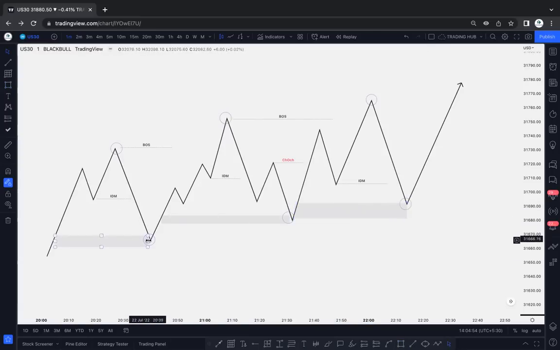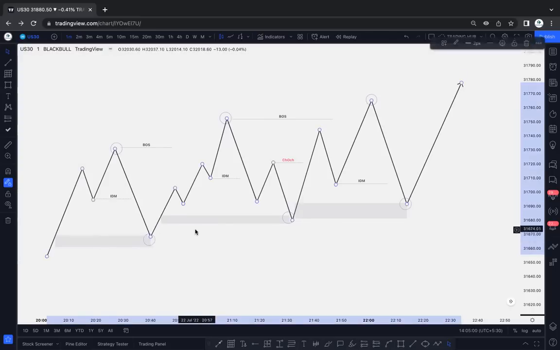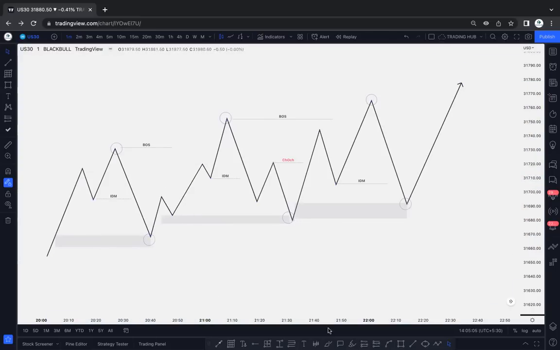After mitigation of any demand or supply in a bearish market and bullish market, depend on the tap on the demand zone. First high is here and this one is called change of character. Okay. And this one is our inducement.